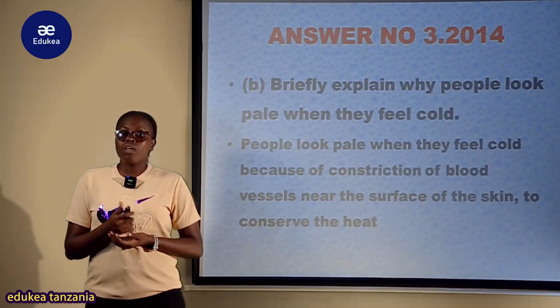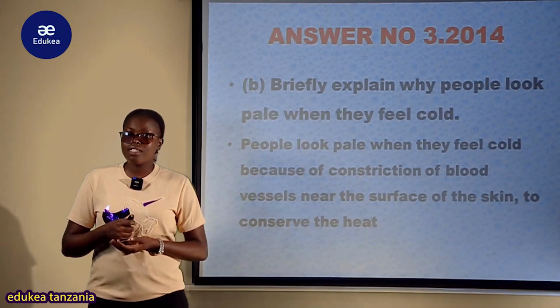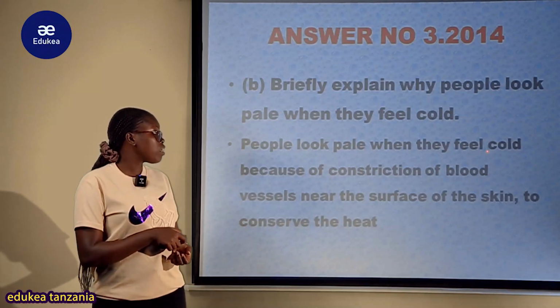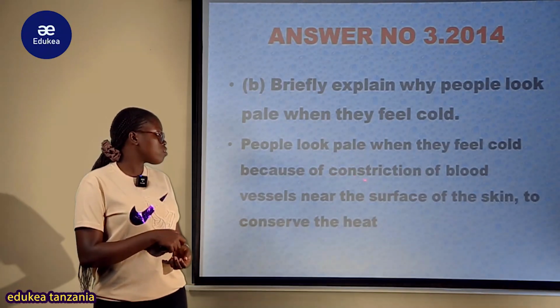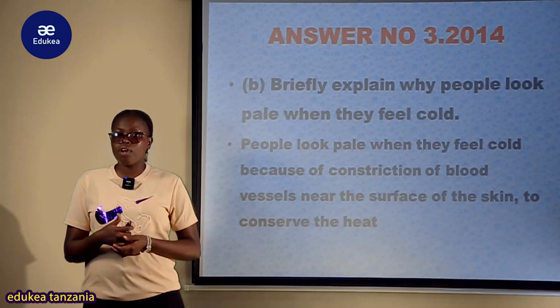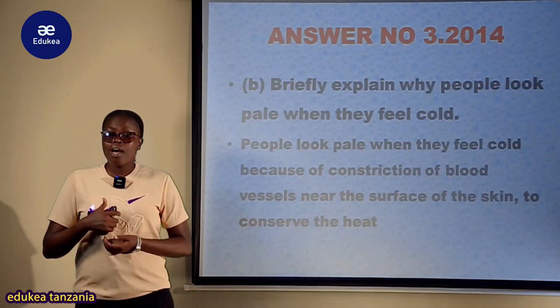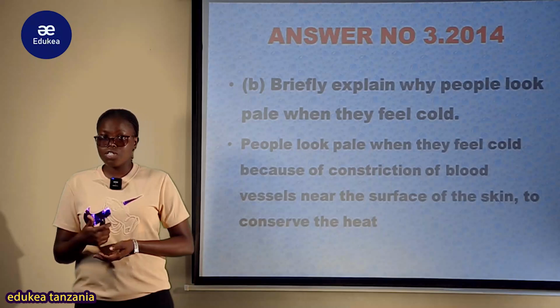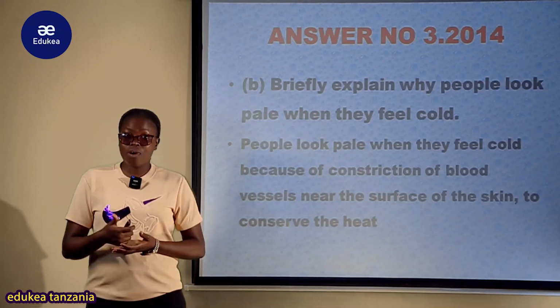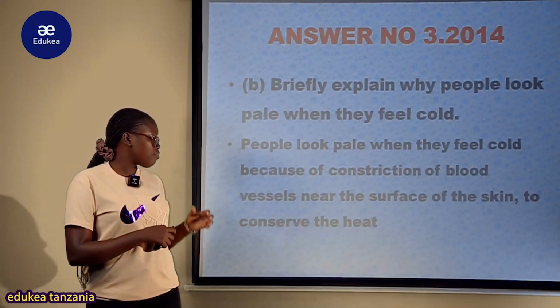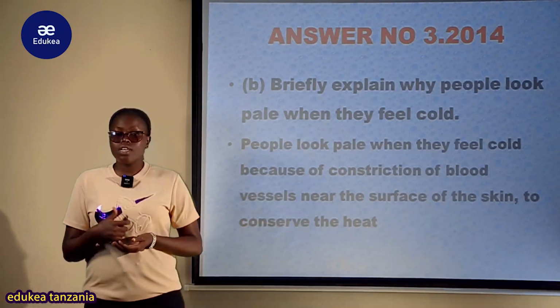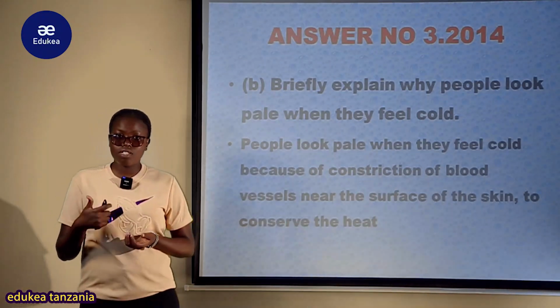So most people tend to look pale when they feel cold because of the constriction of the blood vessels, which are the superficial arterioles. So people tend to look pale because of the constriction of these superficial arterioles near the surface of the skin to conserve heat.